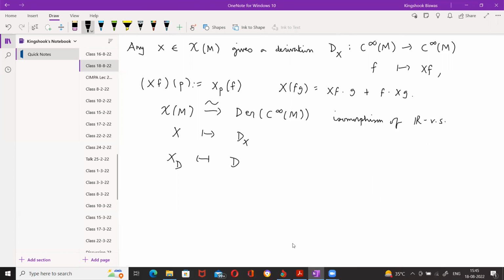Suppose I have a derivation D. I have to define a vector field X sub D in chi(M) as follows.